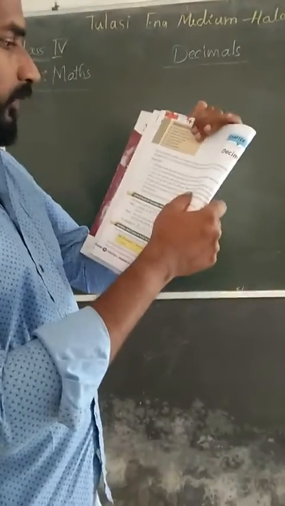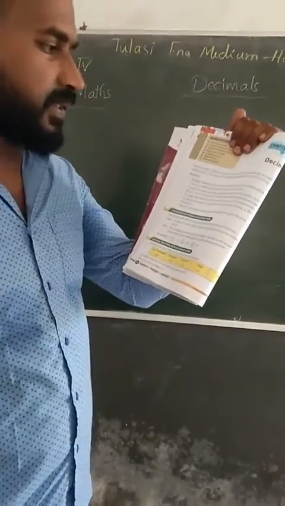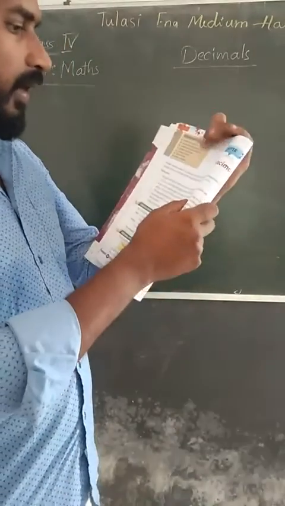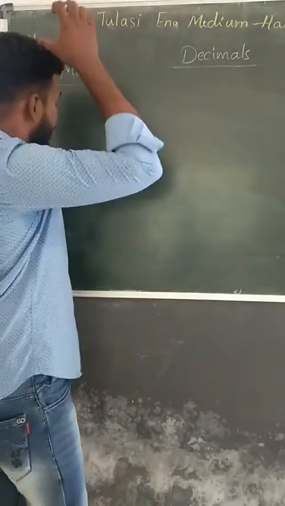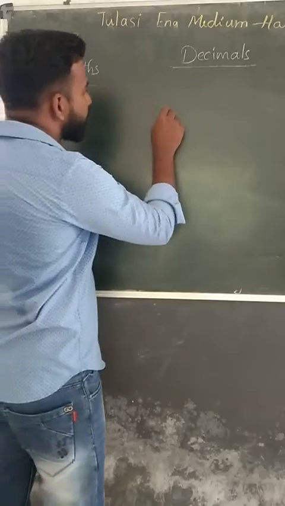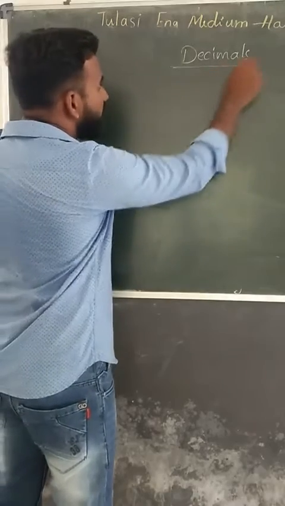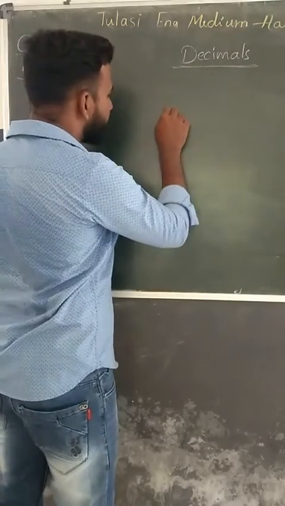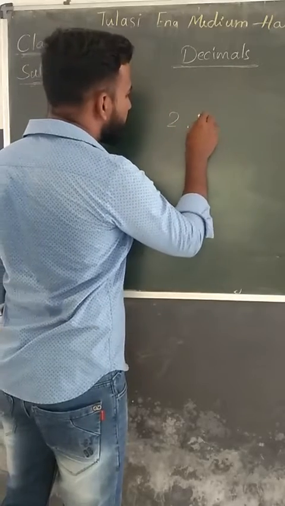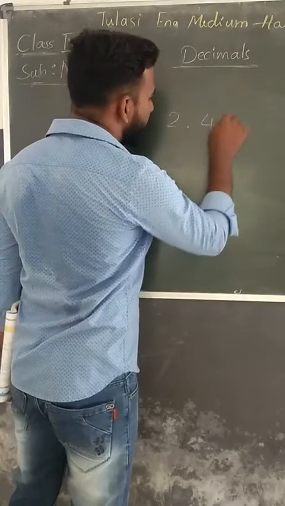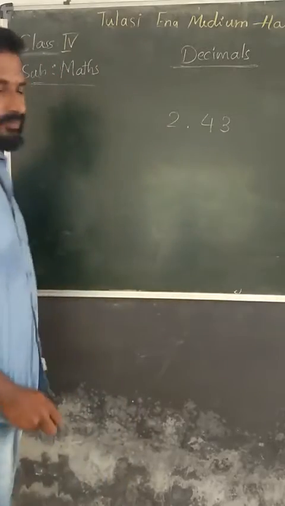So, decimal number system. I will write a decimal: 2.43.